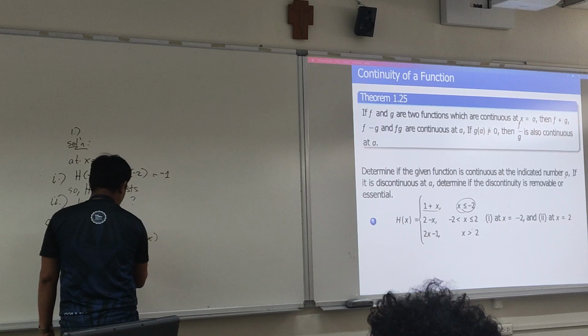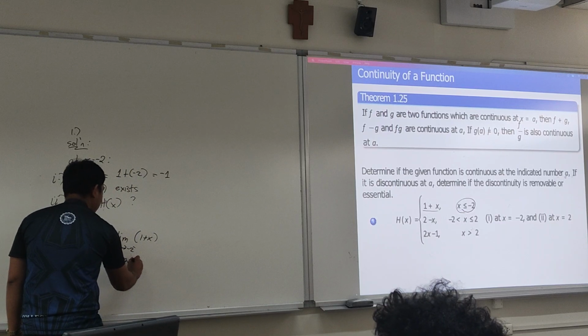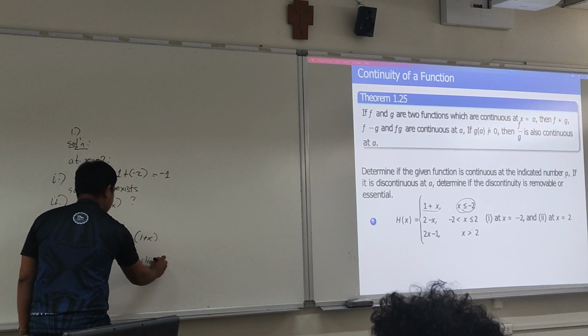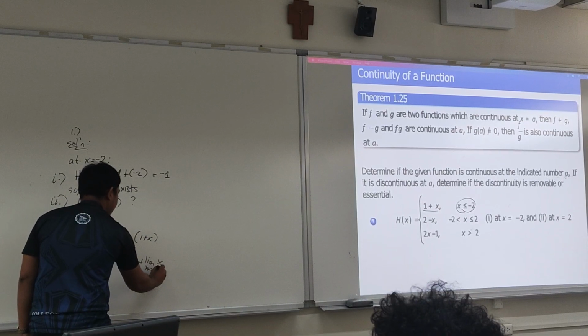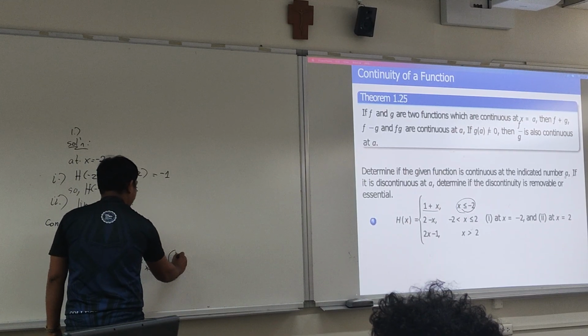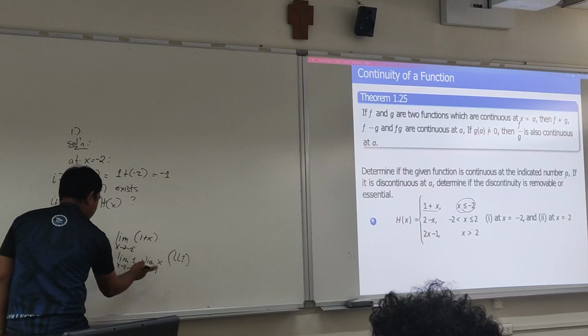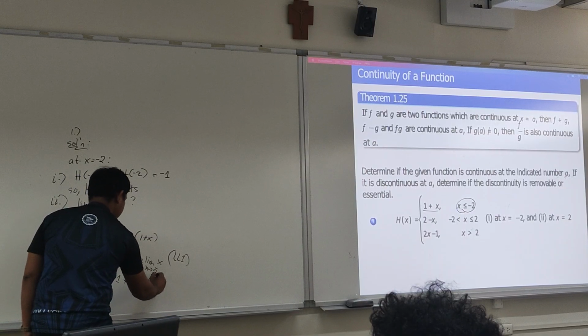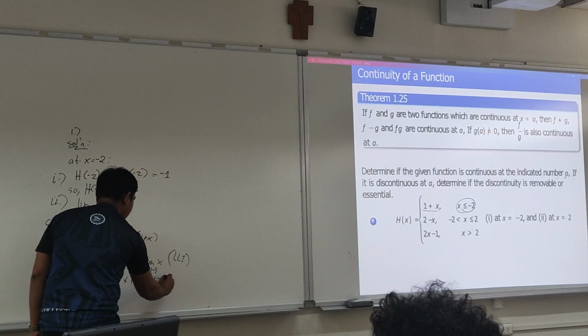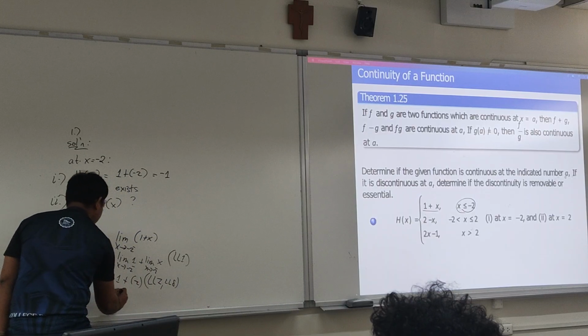This is just the limit of 1 plus the limit of x as x approaches negative 2 from the left, by L1. And this will give you 1 plus negative 2, of course by L7 and L8, and this will be negative 1.